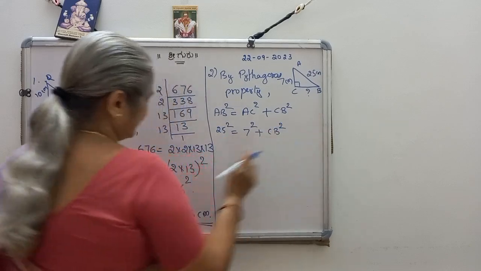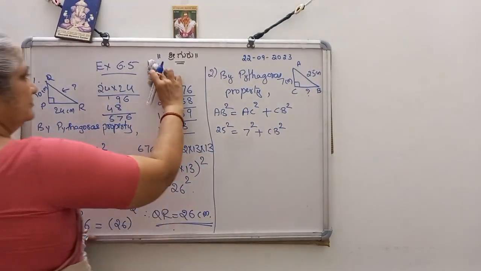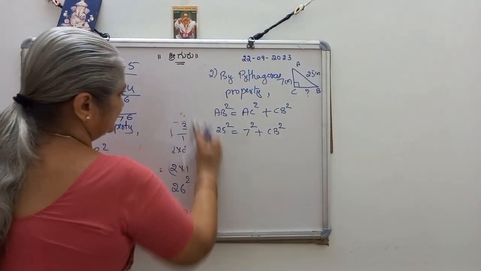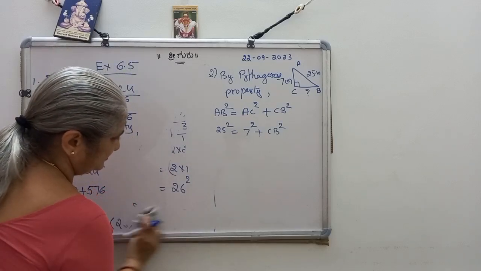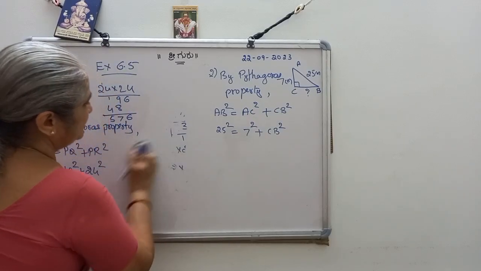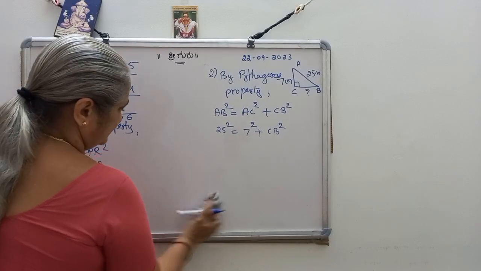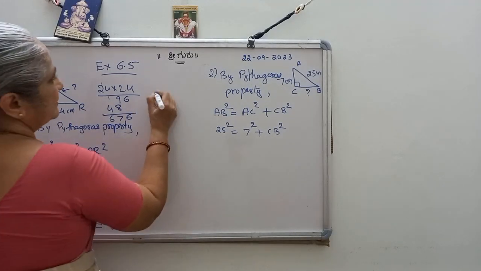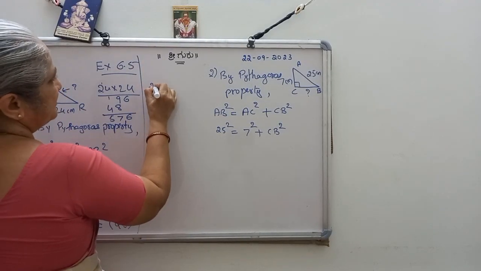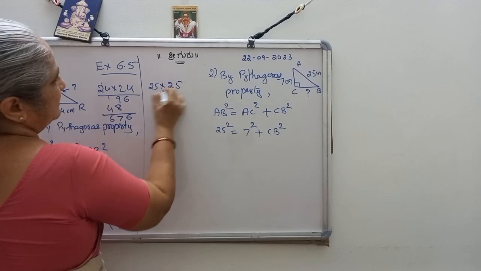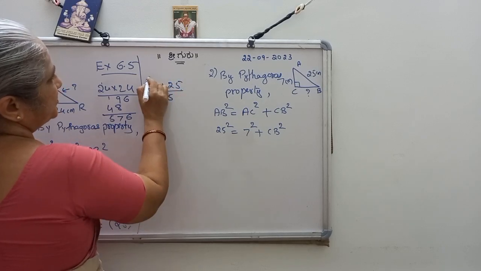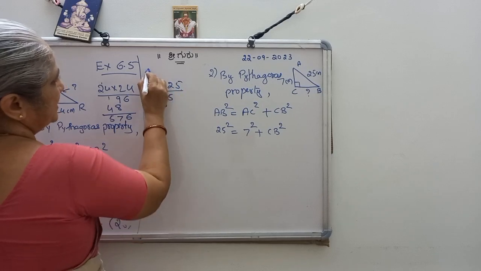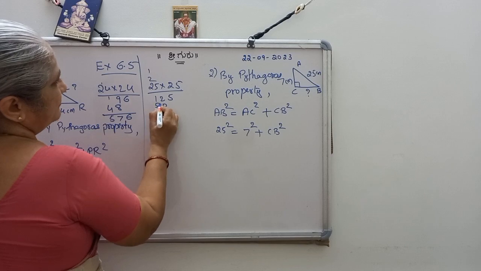25 into 25. Did you get, children? 5 5s are 25, 2 carry, 5 2s are 10 plus 2, 12, 2 5s are 10, 1 carry, 2 2s are 4 plus 1, 5.